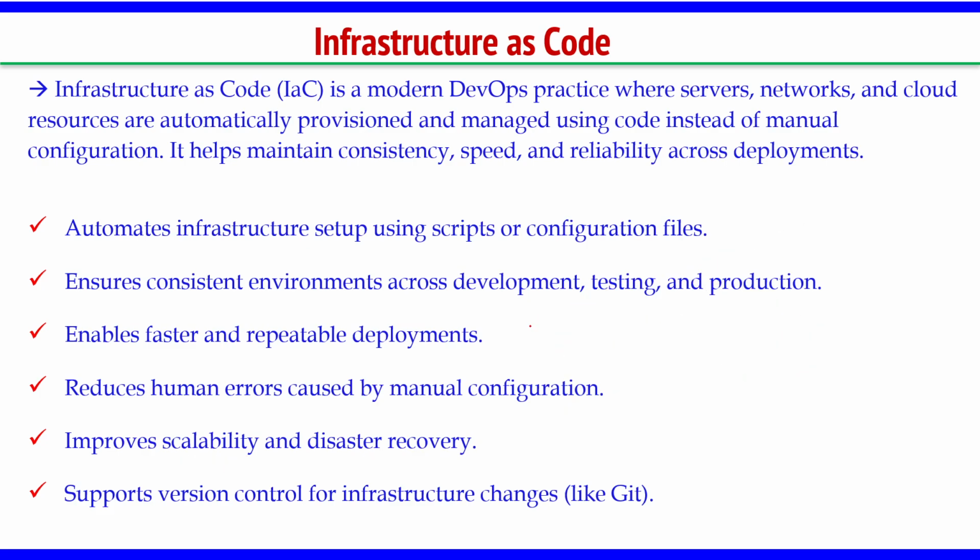For disaster recovery, I can take a backup of that. IaC also supports version control, like Git. Any changes can also be captured using software like Git. We know well what Git does. So these are a few advantages we get by using IaC.